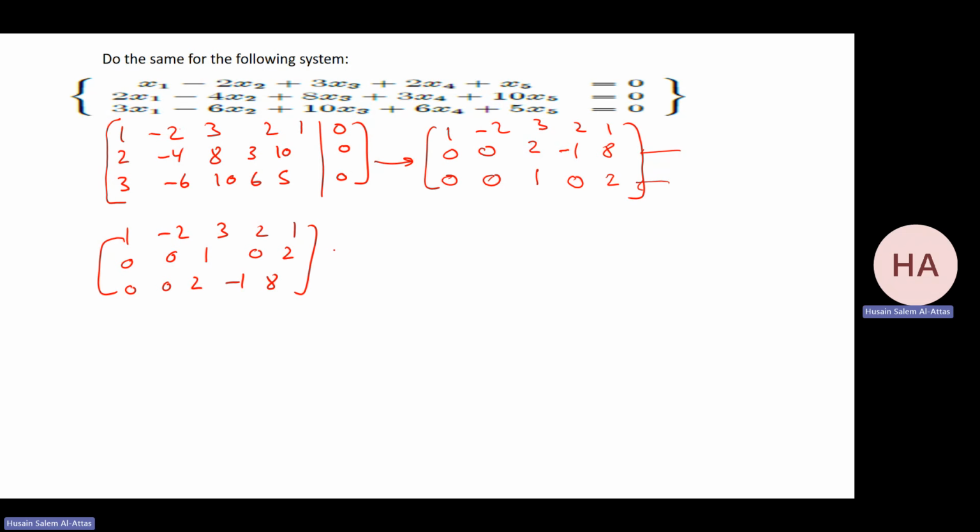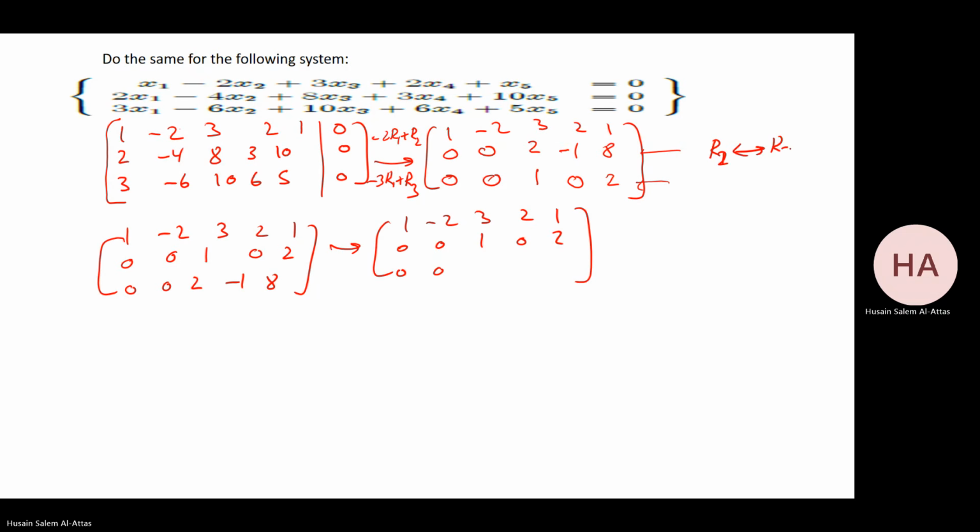So now we'll do the same trick. 1, minus 2, 3, 2, 1. This is 0, 0, 1, 0, 2. Let me write what I'm doing. Minus 2 R1 plus R2, minus 3 R1 plus R3. Interchanging R2 with R3.